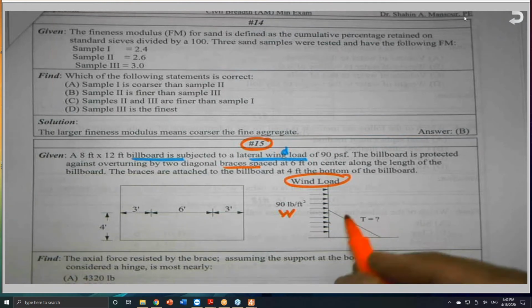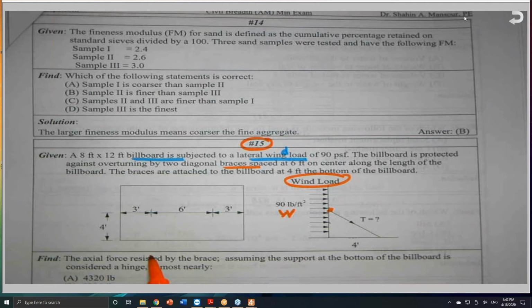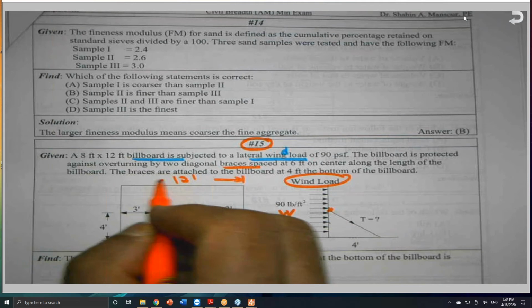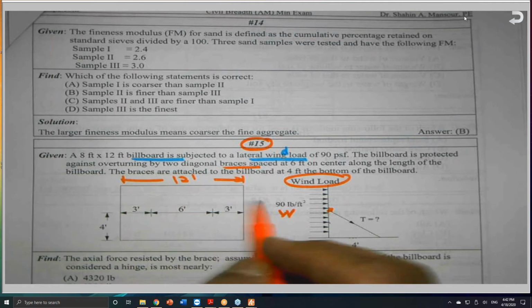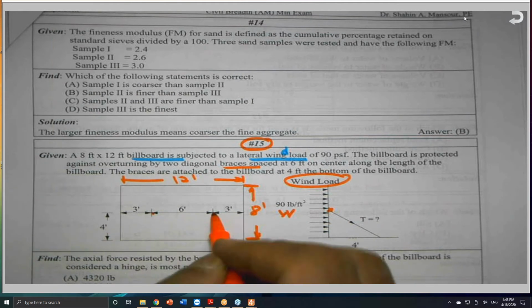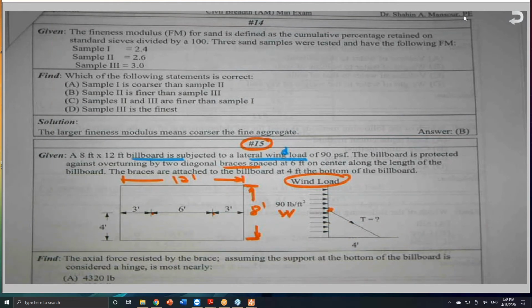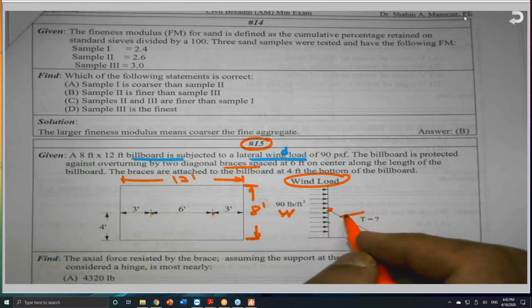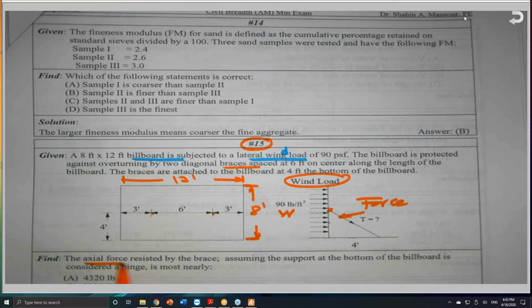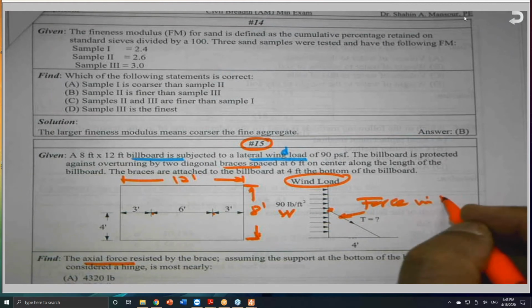The brace is at 4 feet from the top, because this is 12 feet, and this is the 8 feet total. I have a couple of braces, one here and one here. They are 6 feet on center. And he would like to find the axial force in the brace.